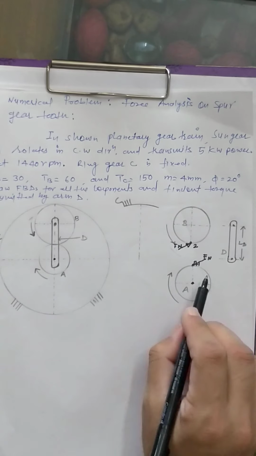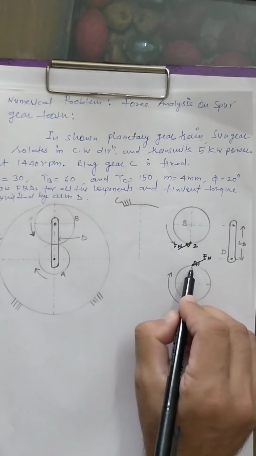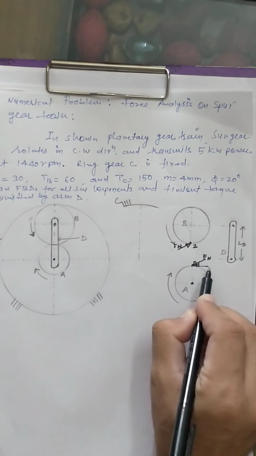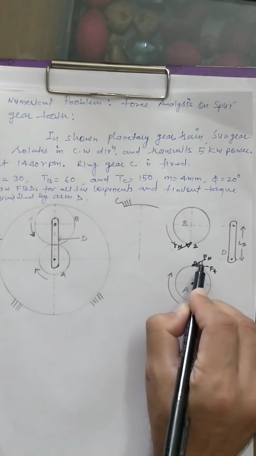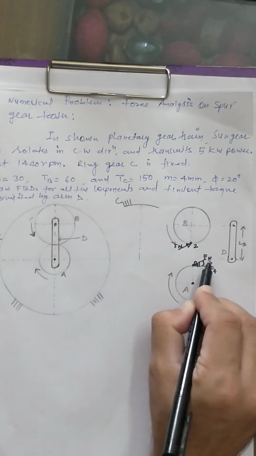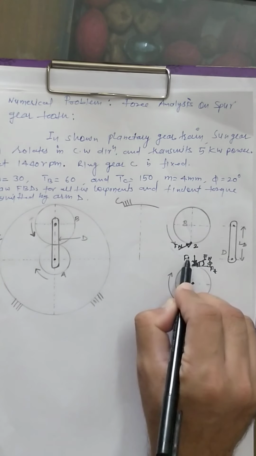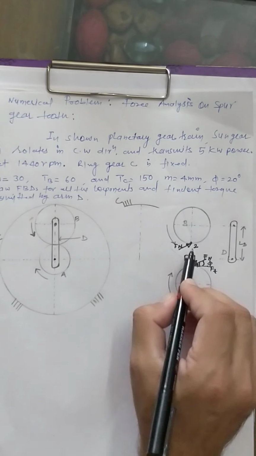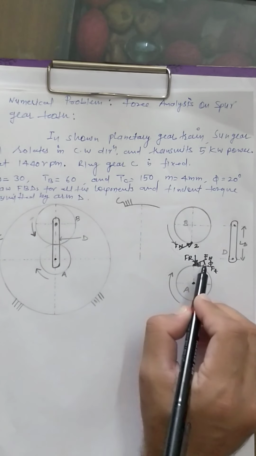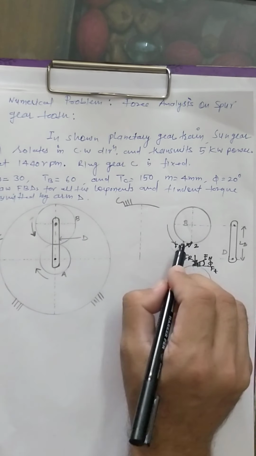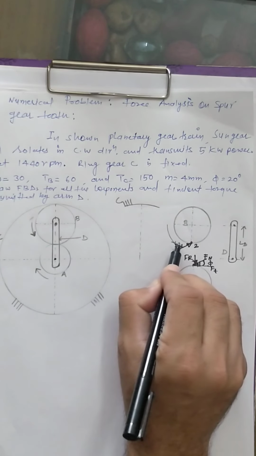So this Fn can be resolved into two components. One is the tangential component Ft, and this angle is phi, the pressure angle, and one radial component Fr. And similarly, the reaction of this Ft and Fr, or you can say this Fn, can be resolved into two components like this.